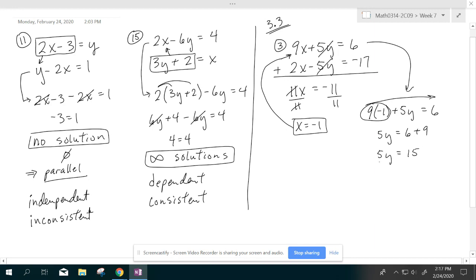Makes that a 15. And if I divide by 5, I get y is 3. And there's my point of intersection. Remember, you need to write that as an ordered pair. And I'm going to double box that because that's the answer.